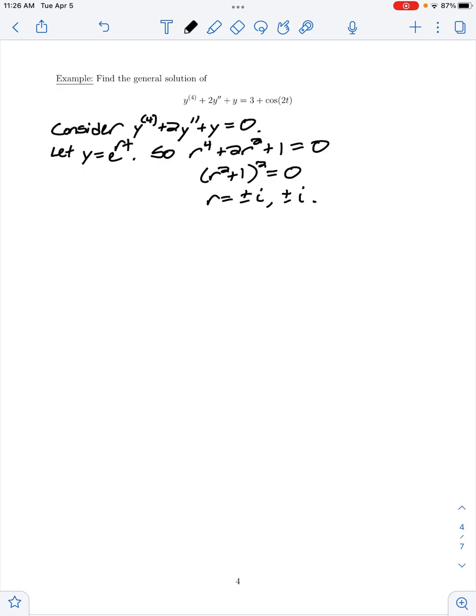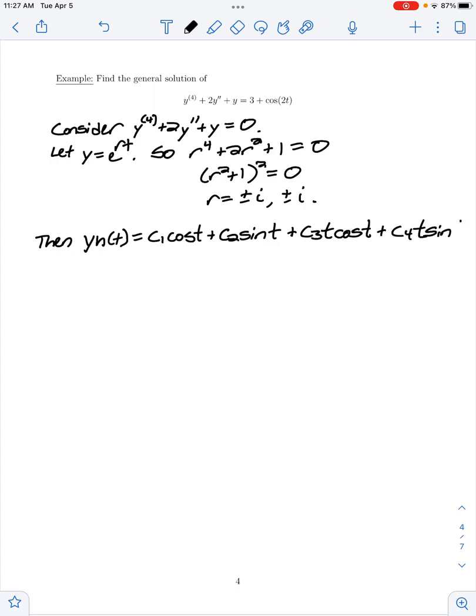So for these repeated complex conjugate roots, our homogeneous solution would have the form C1 cosine t plus C2 sine t plus C3 times t cosine t plus C4 t sine t.